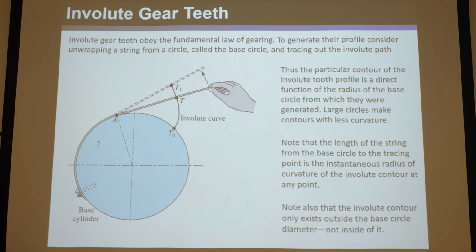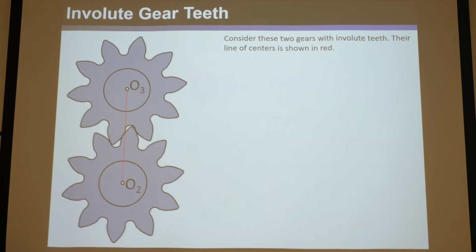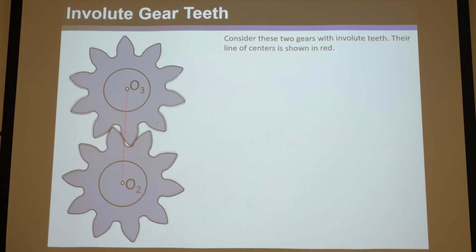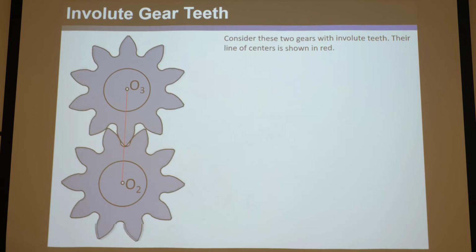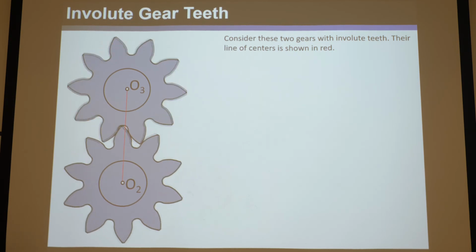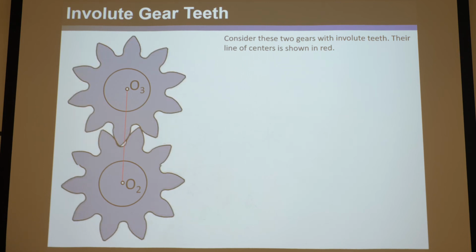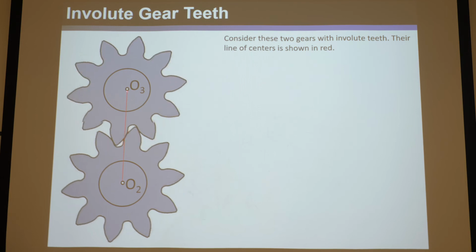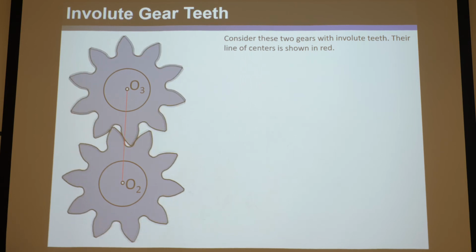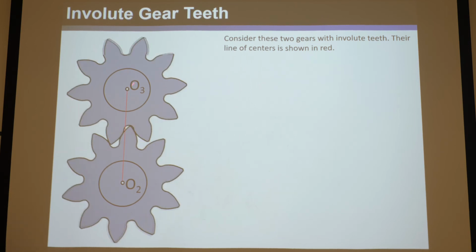All right, consider these two gears, which are very nicely drawn. They're clearly involute teeth with an involute contour, and their line of centers is the red line connecting O2, the input, to O3.